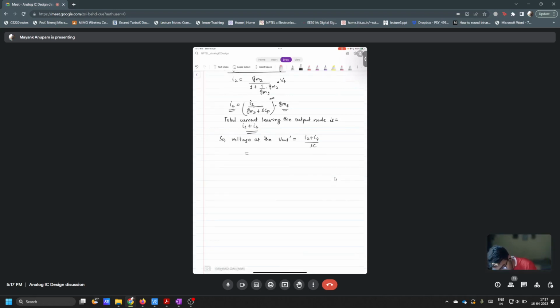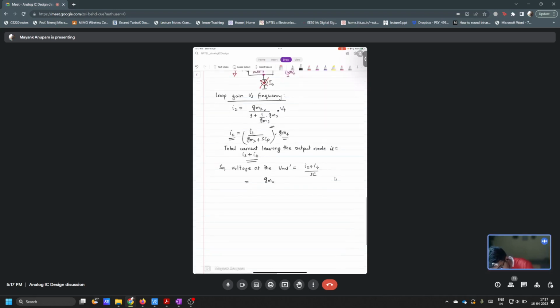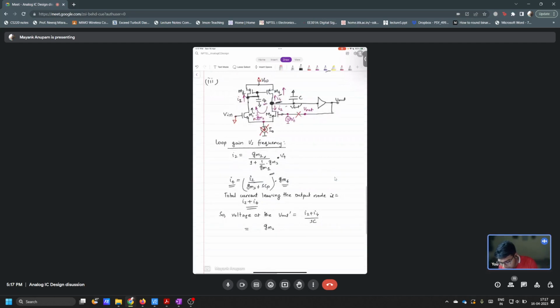Which is simply equal to GM2, and in this case GM2 and GM1 are exactly the same, since M2 and M1 are exactly identical, correct? So it will be 1 over 2, right? So it will be half of Vt, correct?